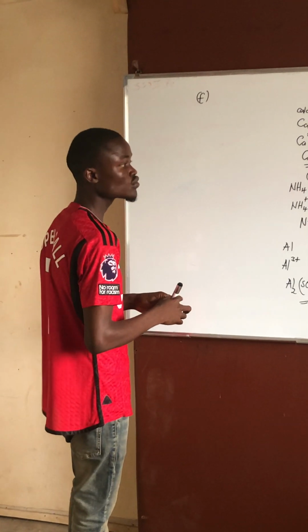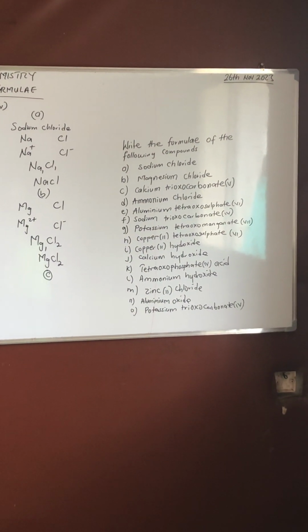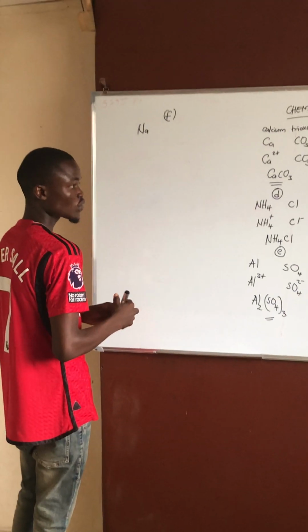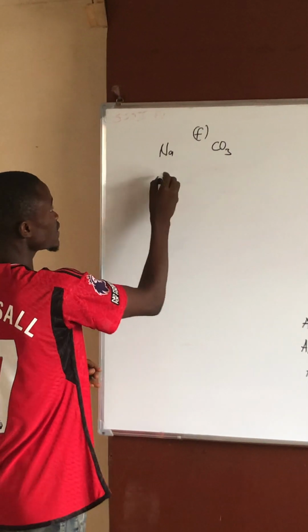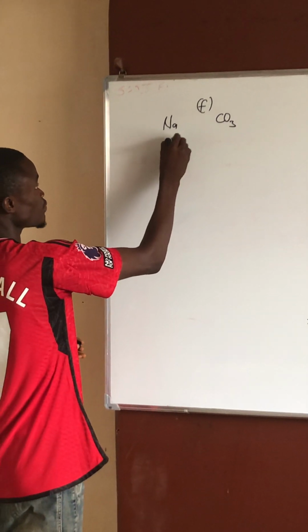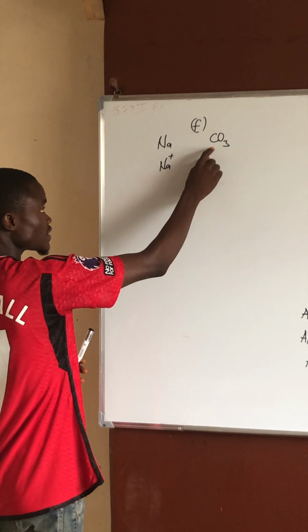F says sodium trioxocarbonate(IV). The symbol for sodium is Na. The trioxocarbonate is CO3. Now the oxidation number for sodium is Na+.